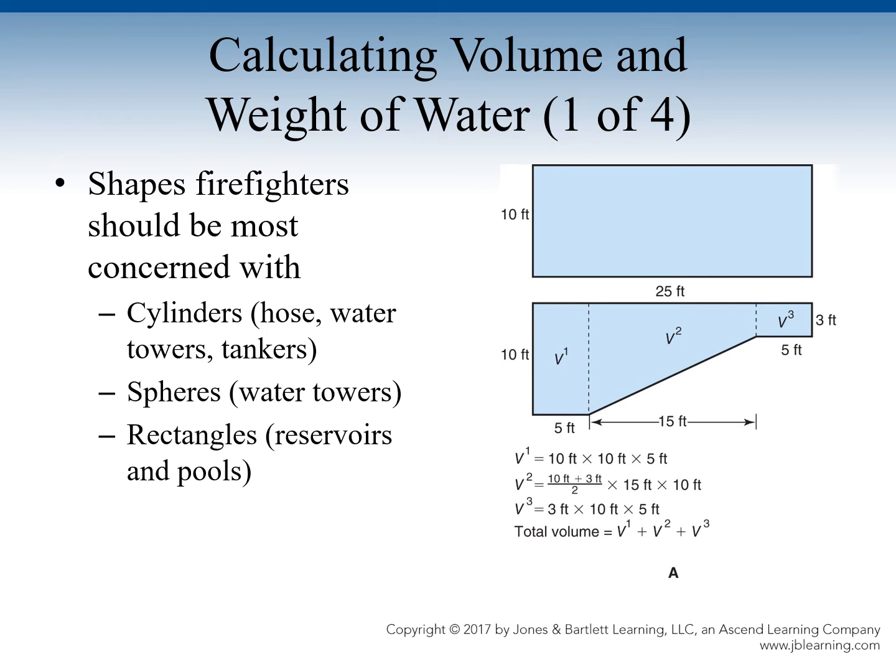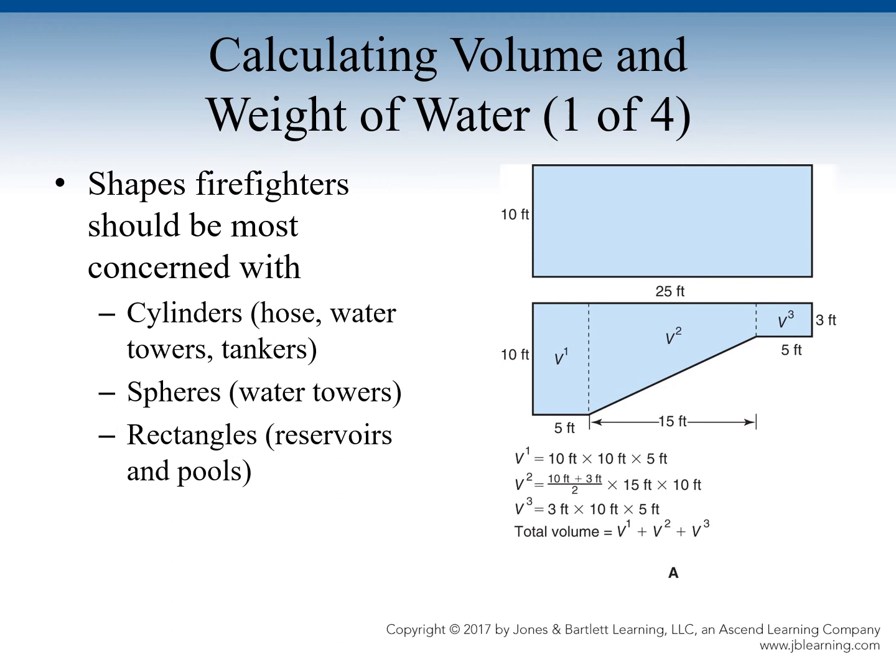And so we look at V1, V2, and V3 in this odd shape. In V1, you're figuring the volume of the rectangle. In V2, we're figuring the volume of this 4-sided shape that's not a parallelogram.